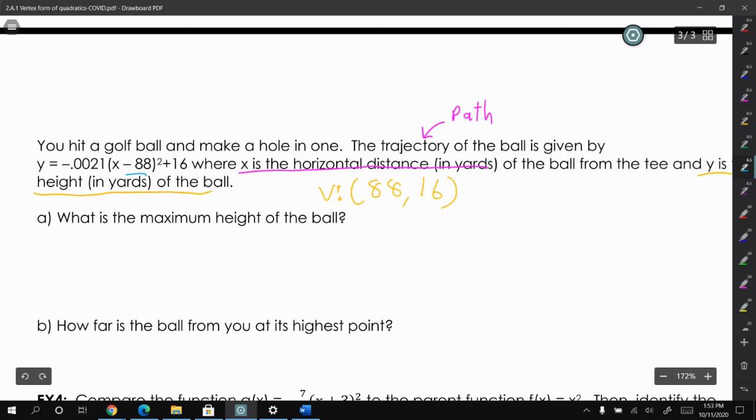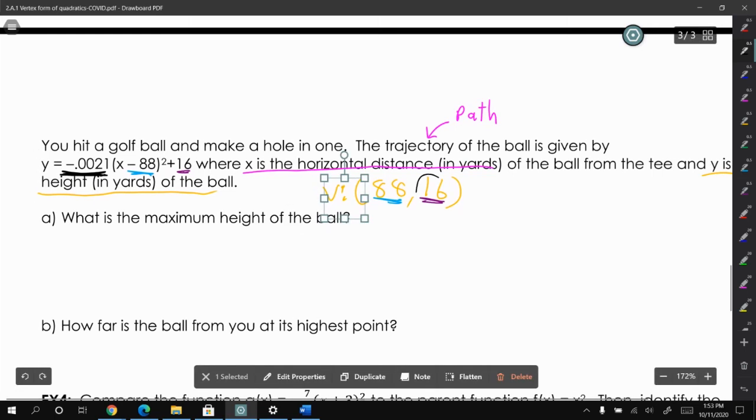You can see we have -88 and we have +16. And this negative sign out in front just tells us that this function opens downwards. So we have a maximum value. So the maximum height is this y value right here, 16 yards.